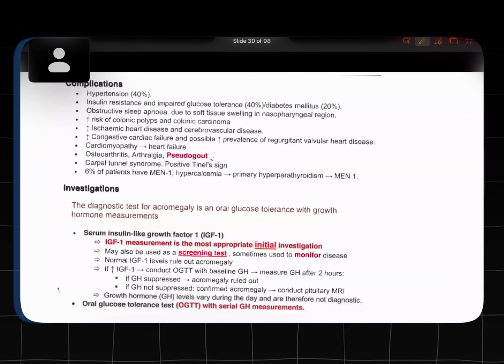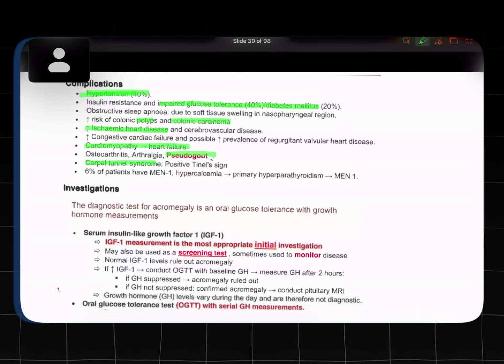Among the complications, I am just highlighting, if you want you can take a screenshot: hypertension, impaired glucose tolerance and diabetes, increased chance of ischemic heart disease, increased chance of colonic carcinoma and polyps, cardiomyopathy, heart failure, pseudo-gout, carpal tunnel syndrome.